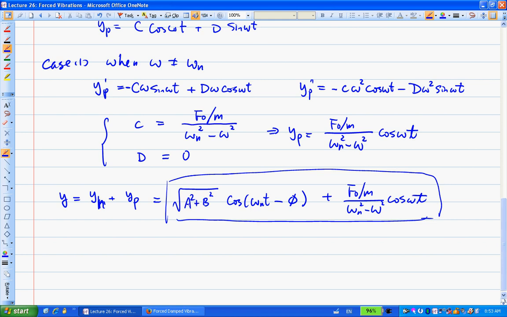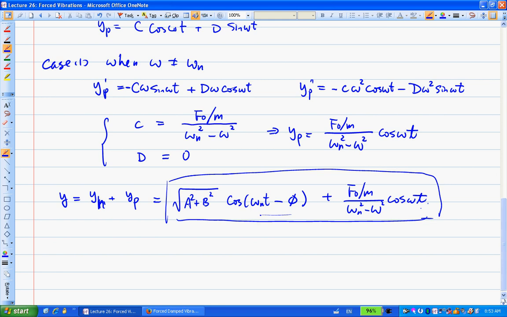The second term is another sinusoidal term, and the magnitude of this sinusoid is this term. If you have your input parameters F0 and omega determined, then this amplitude is also constant. So basically, what's changing here is this term and that term.